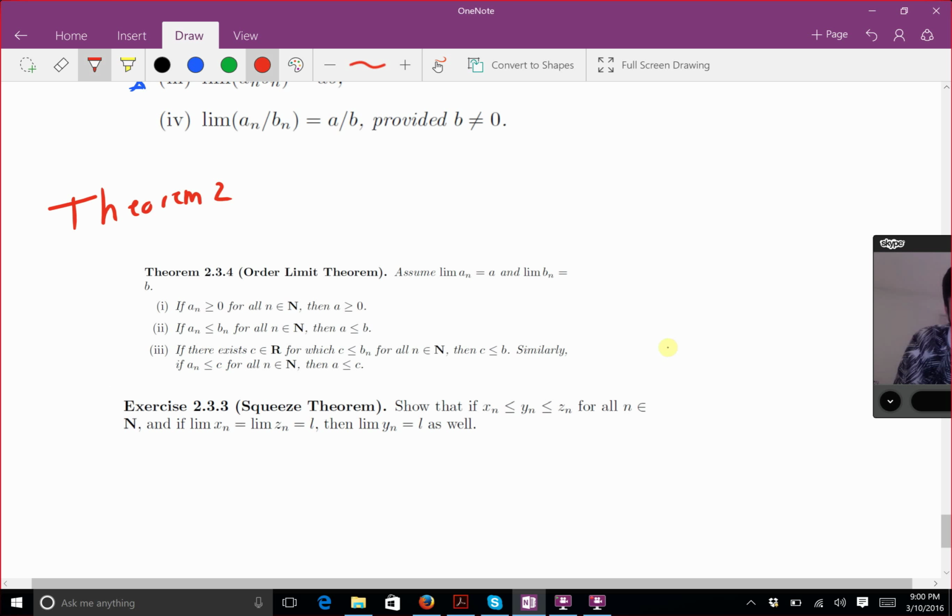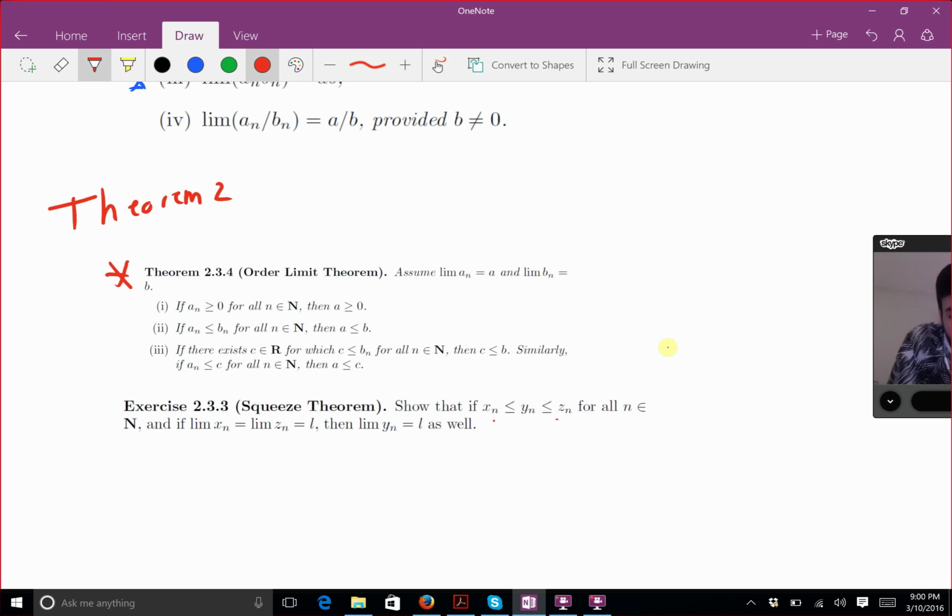I don't know if we want to prove these or not. Let's go ahead and assume these are true. And so we're going to look at the squeeze theorem. The squeeze theorem says two things. It says that we have three sequences.